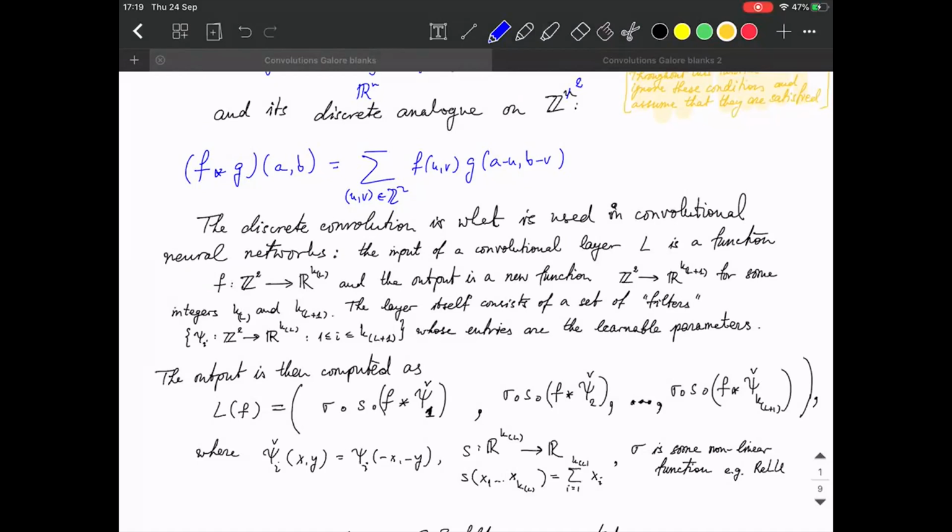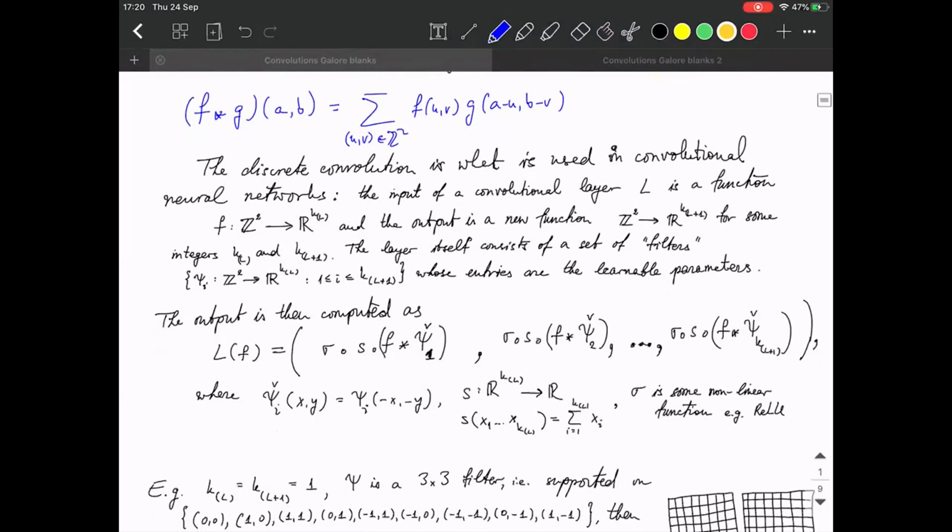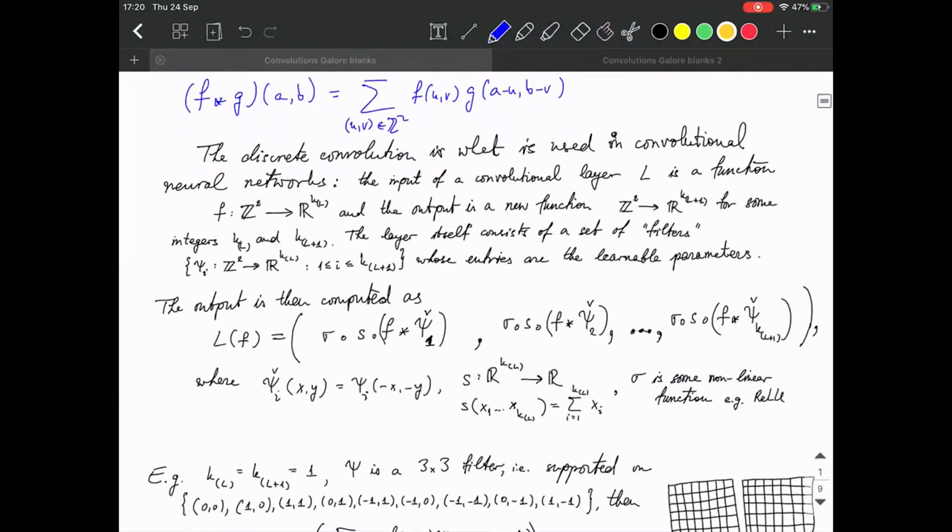And it's this discrete version of convolution on our square grid that is used in convolutional layers of a standard convolutional neural network. Now, I've written out here what these layers do in full, but I'm not going to go into all of it, as it contains a lot of details that are not particularly relevant to the points I'm trying to make.